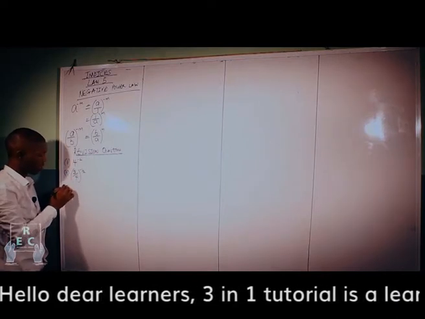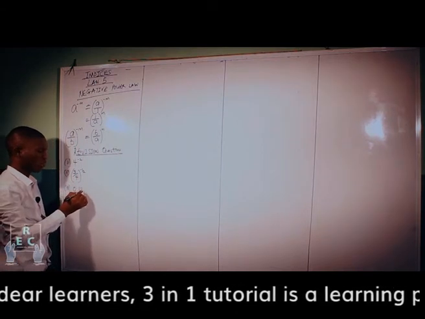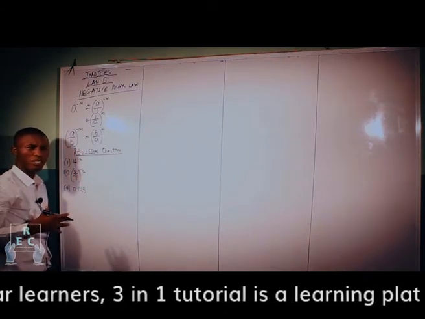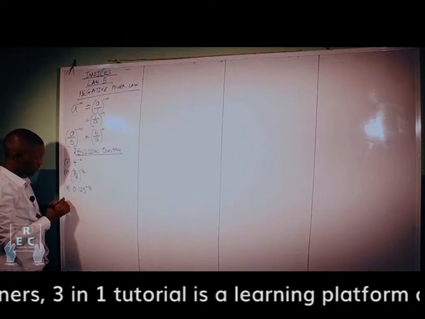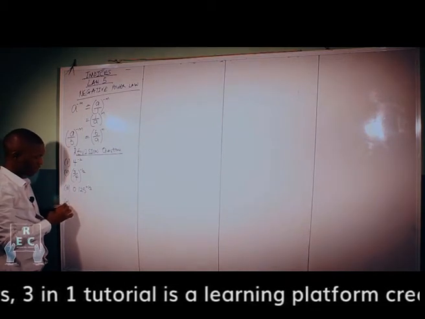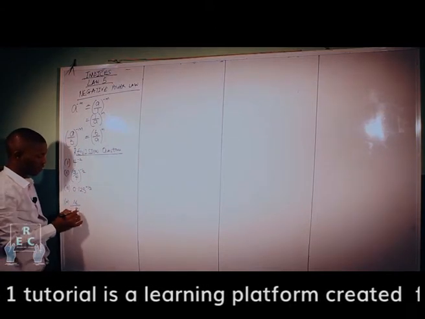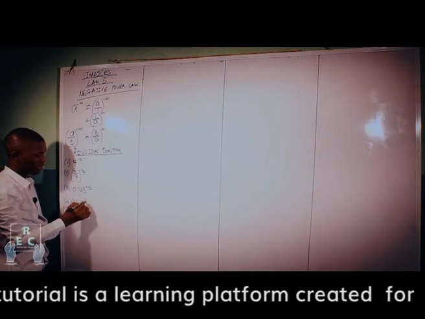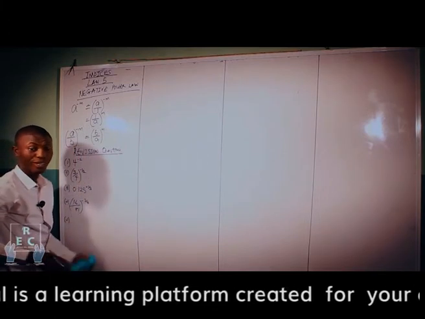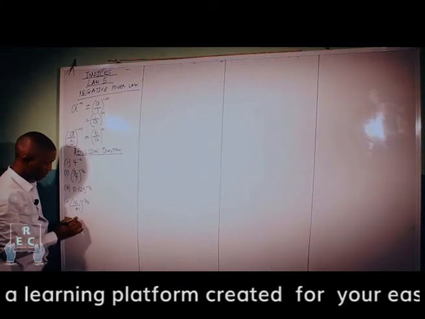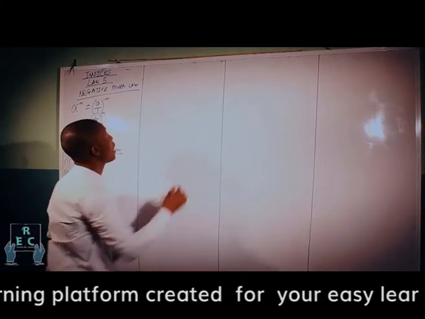You could as well have 0.125 raised to the power of minus 1 over 3. Another one could be 16 over 81 raised to the power of minus 3 over 4. Then a fifth one, just to make it final, could be 27 raised to the power of minus 2 over 3. This is the power.